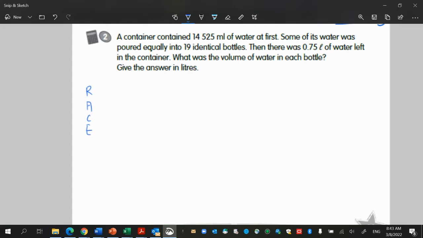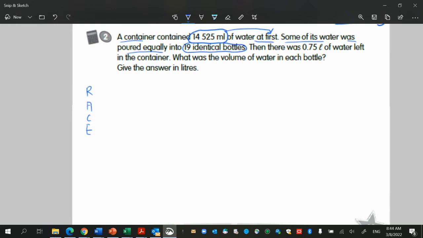Okay, I do my annotation as I read the second time. A container, so there's this container. If you like, you can draw it as you go along as well. 14,525 milliliters of water at first. Some of the water was poured equally into 19 identical bottles.